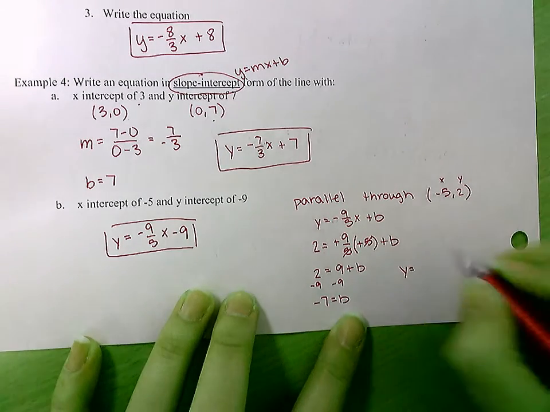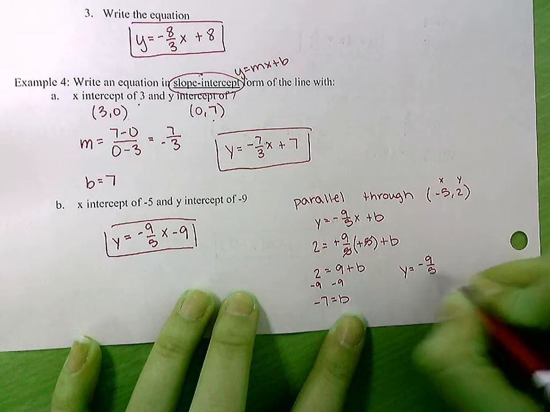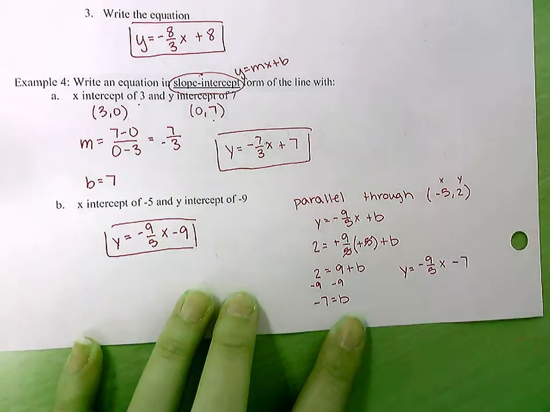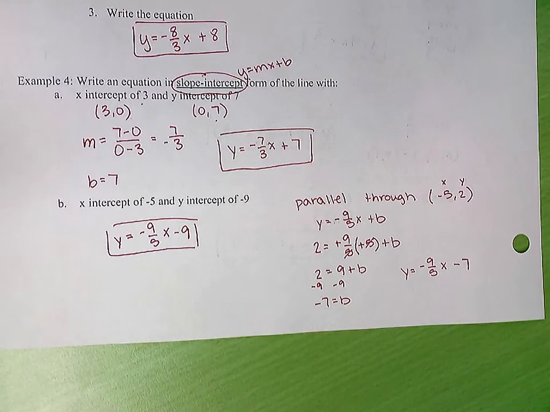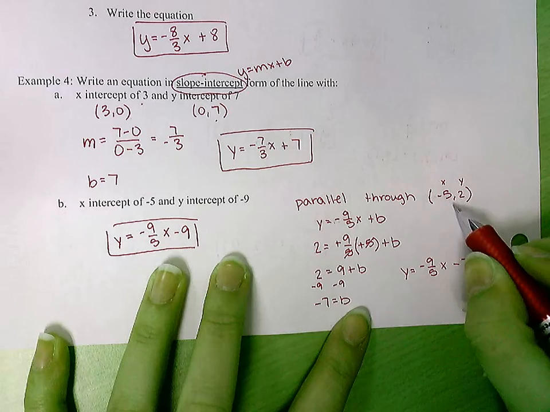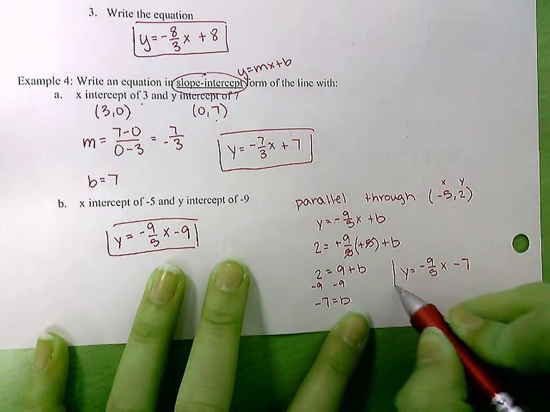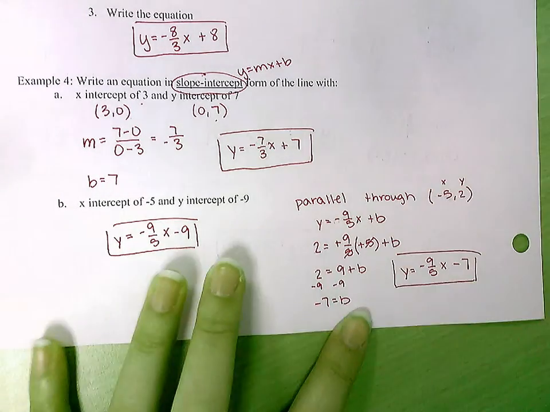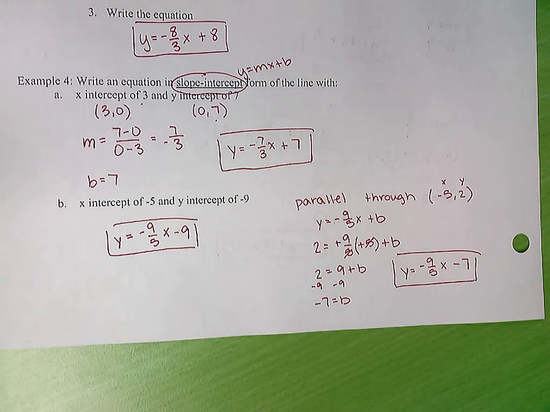So we would have y equals -9/5 x minus 7. It has that same slope, but your y-intercept is different because it has to go through this point. I think there's a couple problems on your assignment like that, so make sure you're paying attention to those.